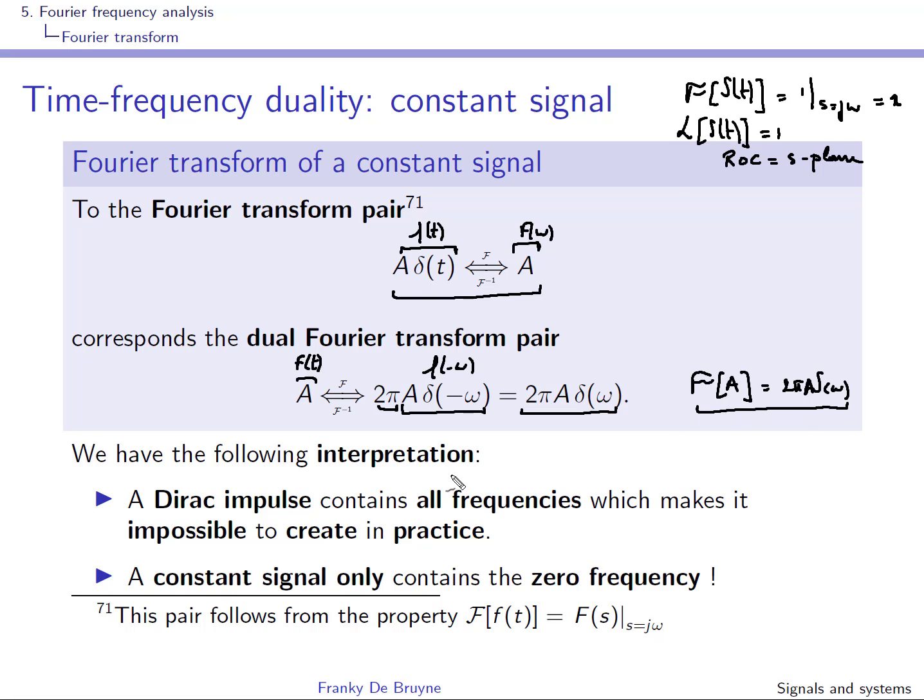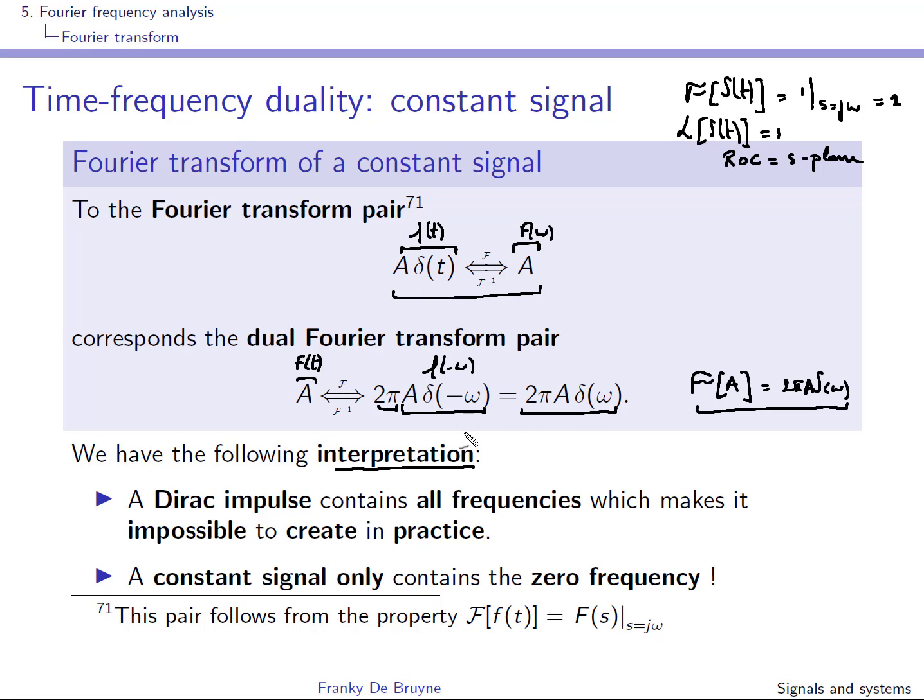So what is the interpretation of these two Fourier transforms? The Fourier transform of an impulse is 1. This means that the frequency content is 1 over all frequencies. So a delta contains all frequencies, so in practice it will be impossible to create, right?